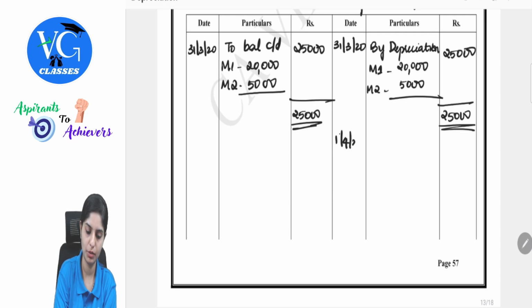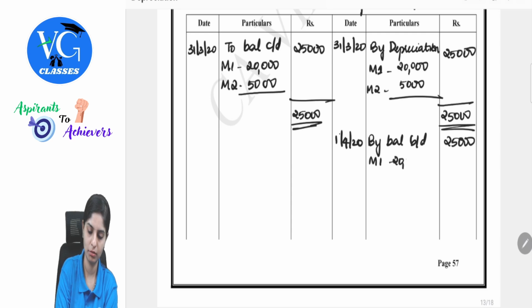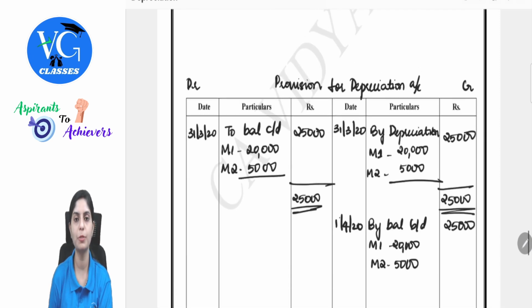First April 20, by balance brought down. This was provision for depreciation.